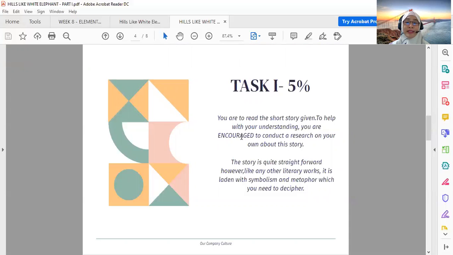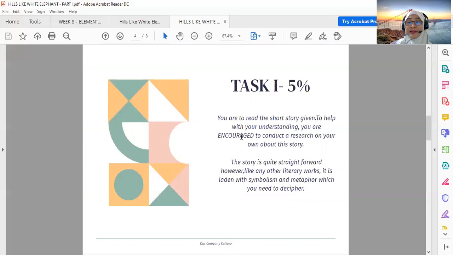To help with your understanding, you are encouraged to conduct research on your own about this story, because Ernest Hemingway is such a famous author, and this story is also very well known. There are almost thousands of resources out there for you to refer to in order to aid your understanding. Honestly, I would say that the story is quite straightforward.